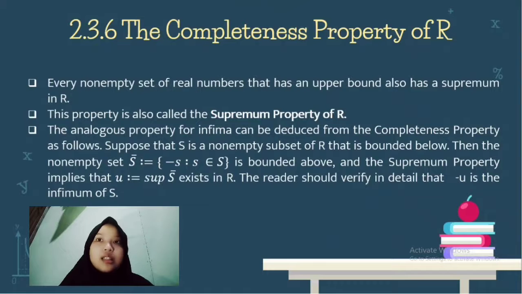Then the non-empty set of all minus s such that s is in S is bounded above, then the supremum property implies that U, the supremum of that set, exists in R. The reader should verify in detail that minus U is the infimum of S.